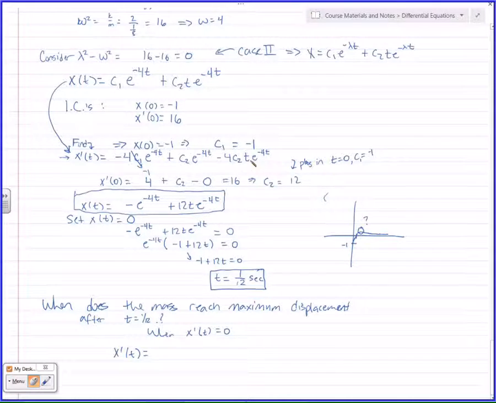We kind of have it, but we have it with c's in there. I'm just going to take it again. You get 4e to the negative 4t plus 12e to the minus 4t minus 48te to the negative 4t, or 16e to the minus 4t minus 48te to the minus 4t.